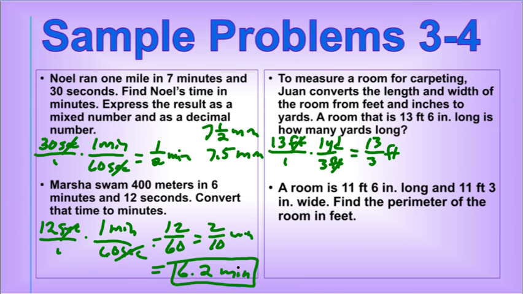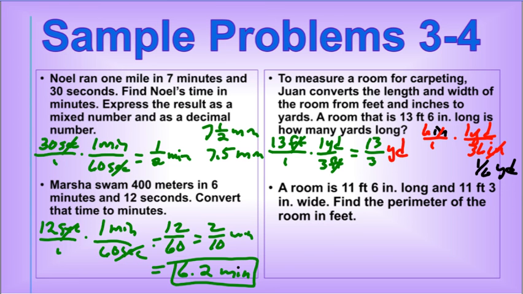And then I got to convert 6 inches, so 6 inches over 1 times 1 yard. There are 36 inches. Inches labels cancel off, and I'm left with 1/6 of a yard.